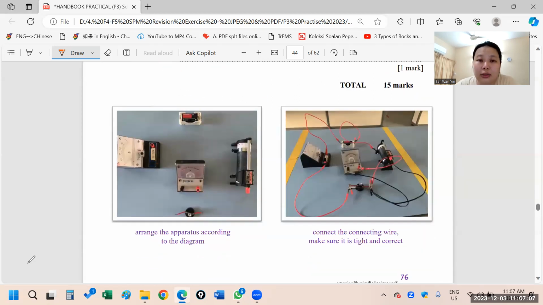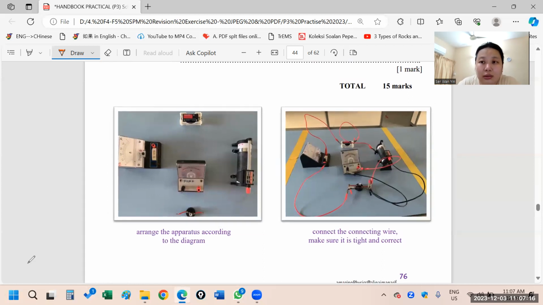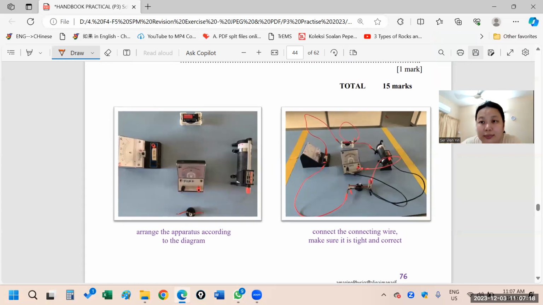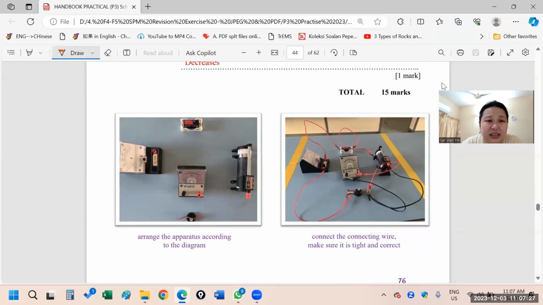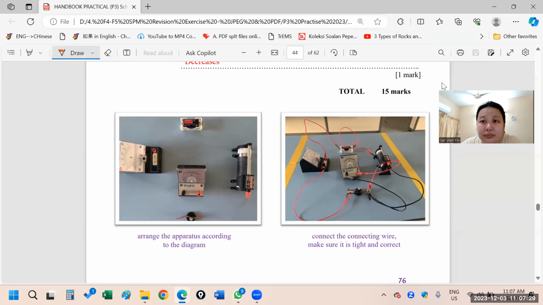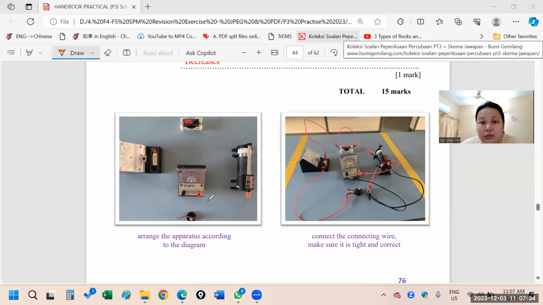Okay, so now I encourage you to connect the apparatus. You connect the series apparatus first. Oh no, something is wrong somewhere. Okay, doesn't matter. So first of all, you put your apparatus like this: battery, bulb.